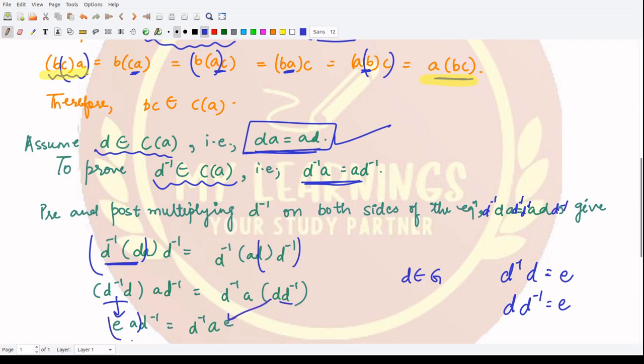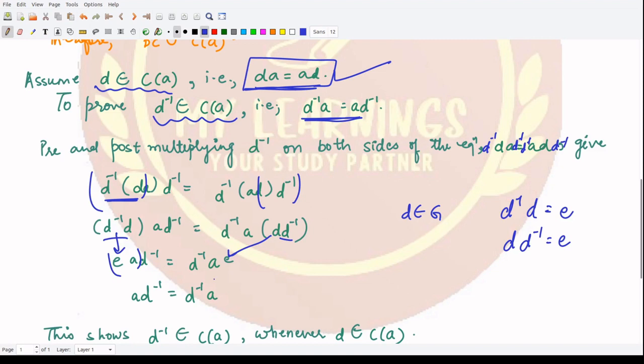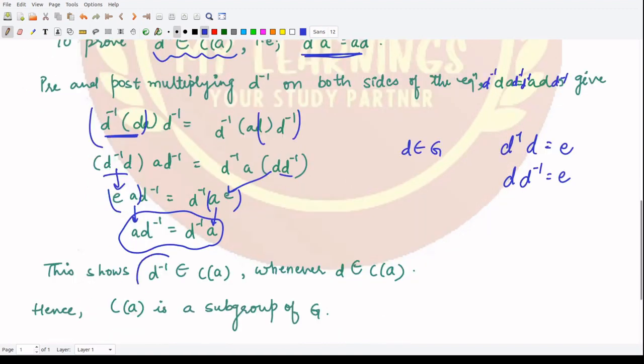Now E into A is again A, and A into E is again A, correct? So from here you obtain this relation that A and D inverse commute with each other. If they commute, then D inverse would definitely be present in the centralizer of A whenever D is present in the centralizer of A. Therefore we can conclude that this C of A is a subgroup of the group G.